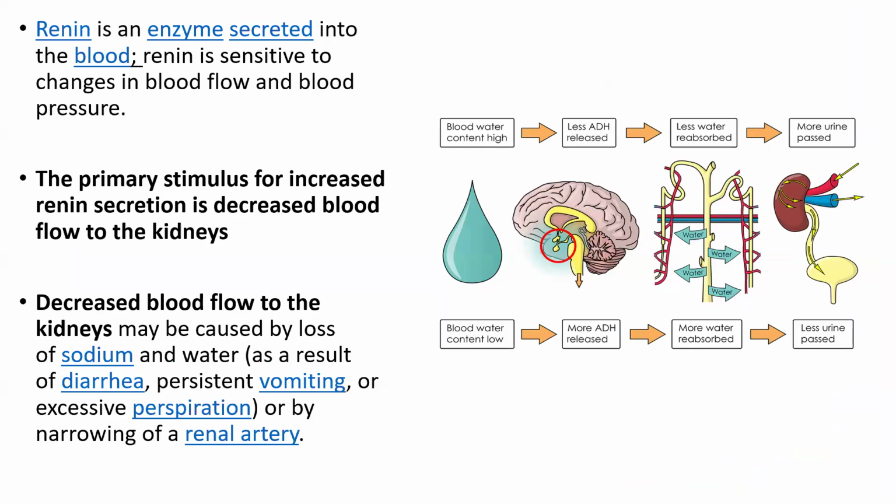Then we have renin. Okay, renin is secreted into the blood. When is renin secreted? Think about yourself. What does renin cause? You know this. Causes vasoconstriction, right?